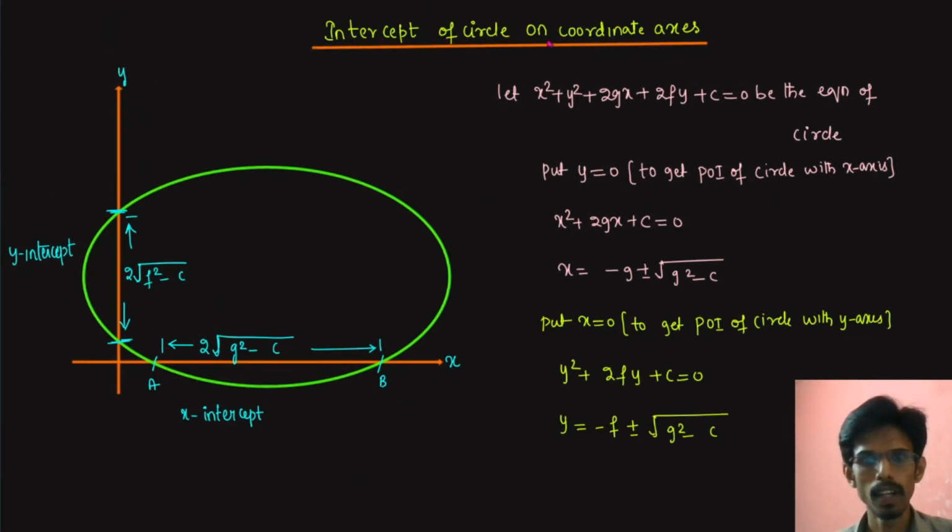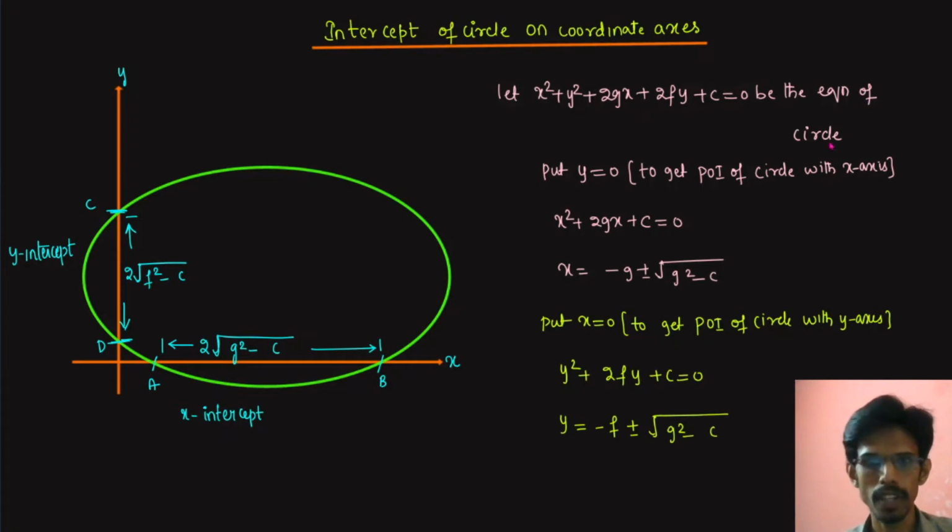Intercept of circle on coordinate axis. Let us see here, we have this coordinate axis on which we have a circle passing through 4 points A, B, C, D. Here we have taken the equation of circle as x square plus y square plus 2gx plus 2fy plus c equal to 0.